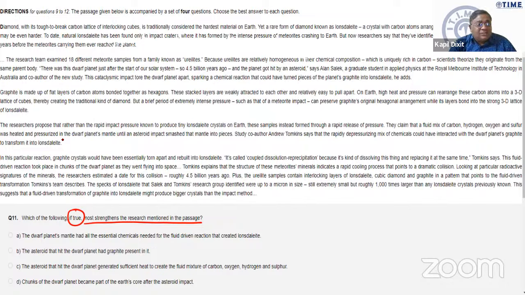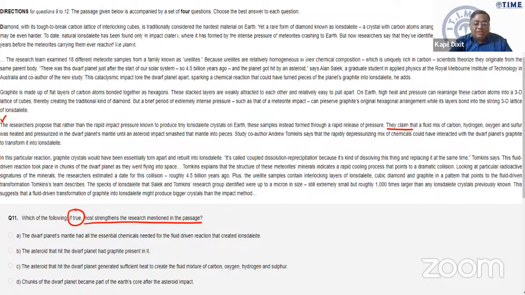If you look at the researchers in this paragraph, you will find that they claim that a fluid mix of carbon, hydrogen, oxygen, and sulfur was heated and pressurized in the dwarf planet mantle until an asteroid impact smashed that mantle into pieces.